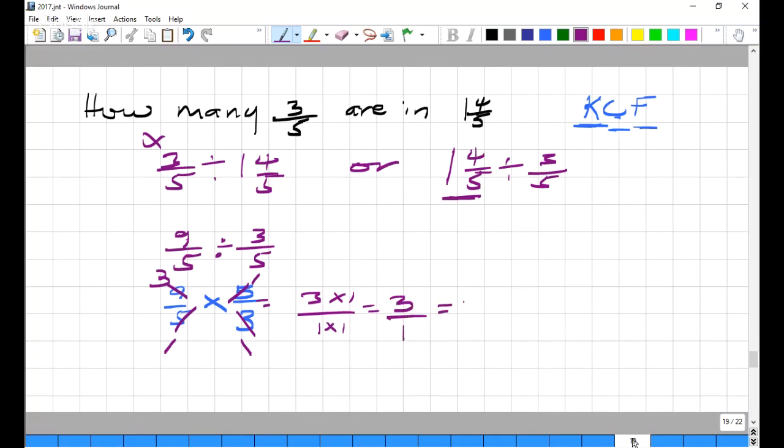Any number divided by 1 remains the same. Okay. So we need to remember that any fractional division problem is a multiplication problem in disguise. So we are going to use the following steps: keep, change, flip.